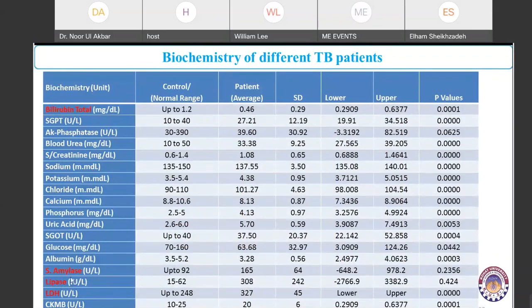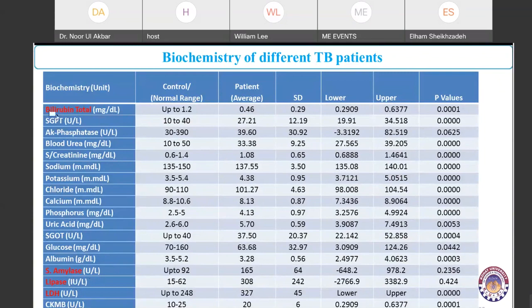Similarly, the amylase, which should be up to 92, was increased to 165 in the patients.